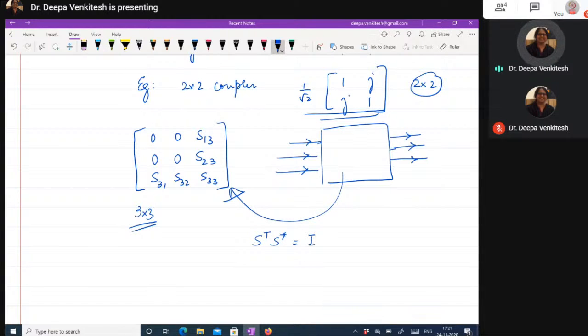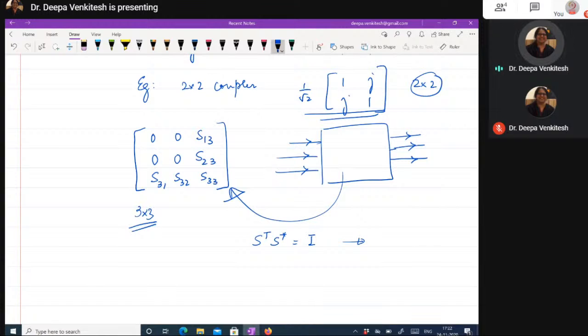The transformation has Hermitian symmetry, and if this condition is satisfied, then it becomes a unitary transformation. And if it's a unitary transformation, then energy conservation is satisfied.